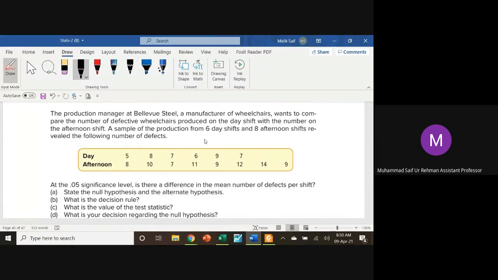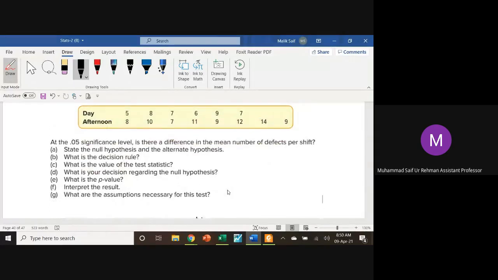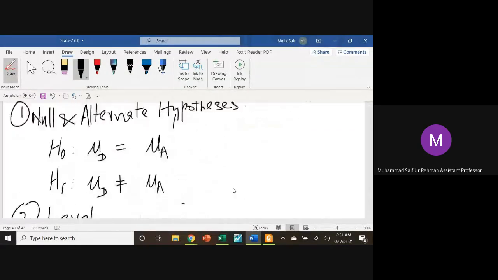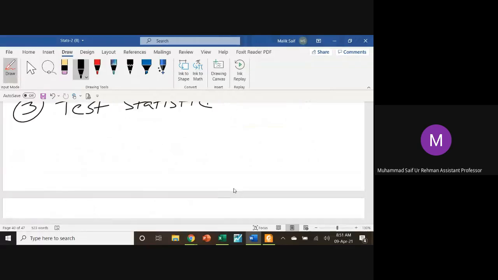And as there is no information regarding equal or unequal population standard deviations, we are going to consider equal population standard deviation. So in that particular case, what will be the T statistic? T statistic will be T is equal to x1 bar. So x1 in this case is, you may write down D, minus x2 bar.